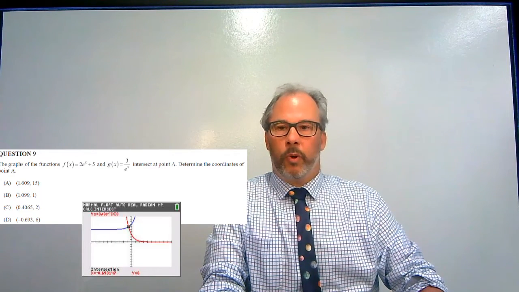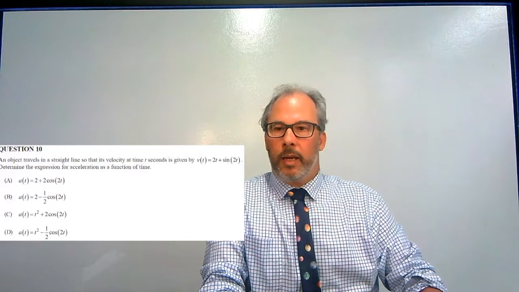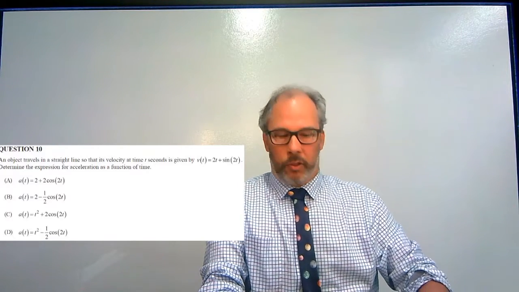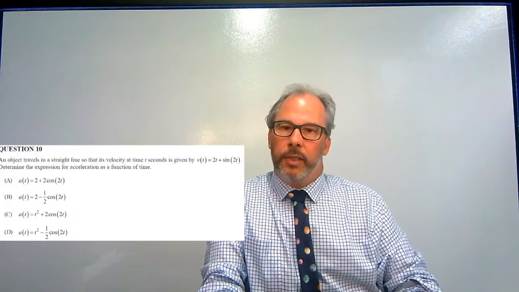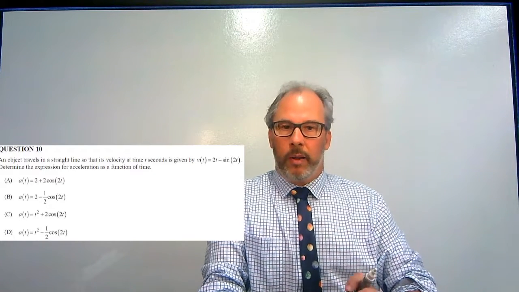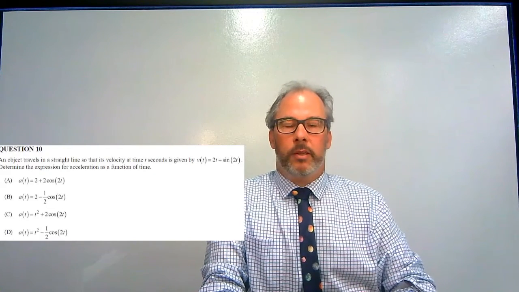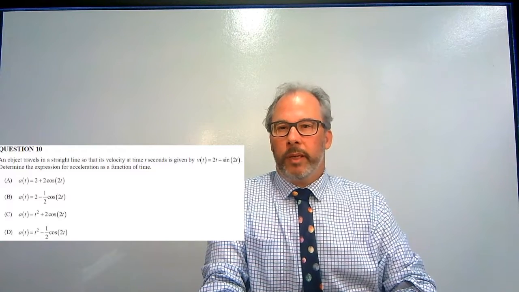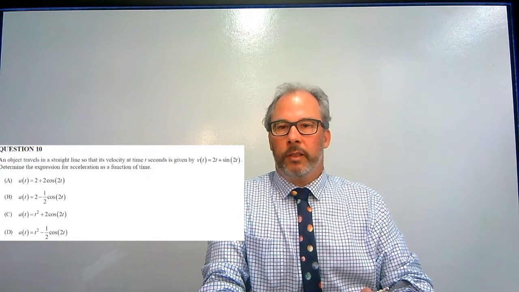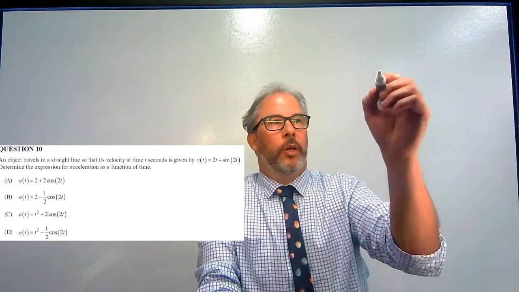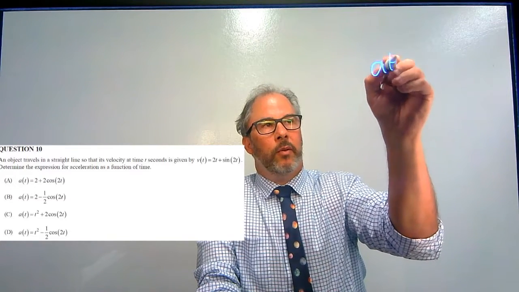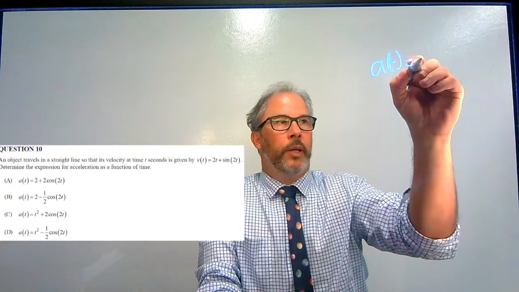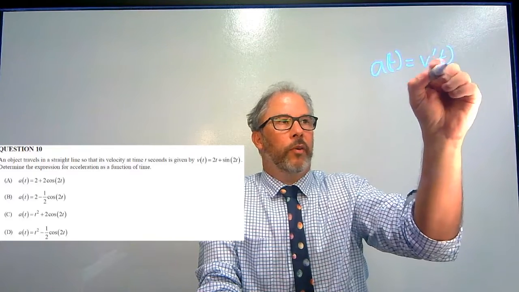And last question, we've got question 10. An object travels in a straight line so that its velocity at time t seconds is given by v of t equals 2t plus sine 2t. Determine the expression for the acceleration as a function of time. So you need to realize that acceleration is going to be the derivative of your velocity.